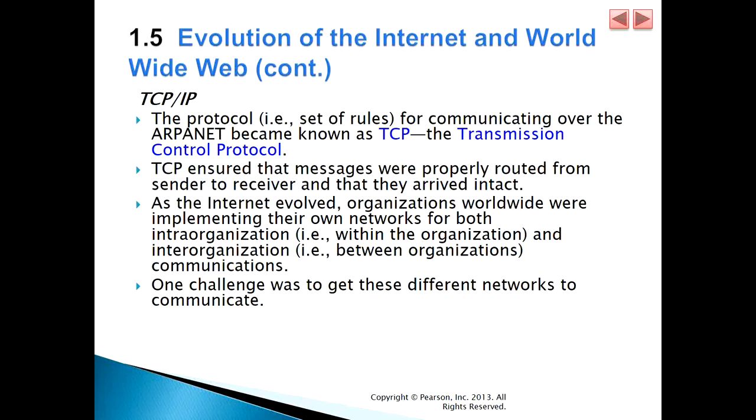Some people pronounce it as transmission or transport control protocol. So TCP ensures that messages are routed from sender to receiver and that they are received intact. Intact means as one unit, as one block. Through what? Through IP addresses. Every computer has a unique IP address that is assigned to it.